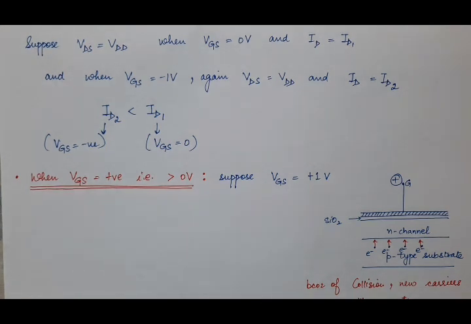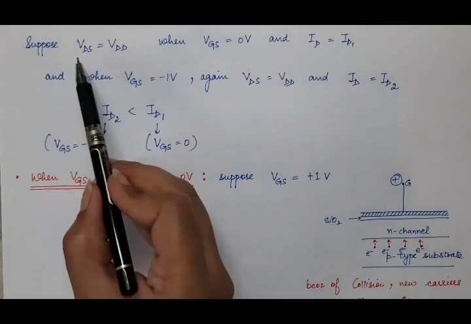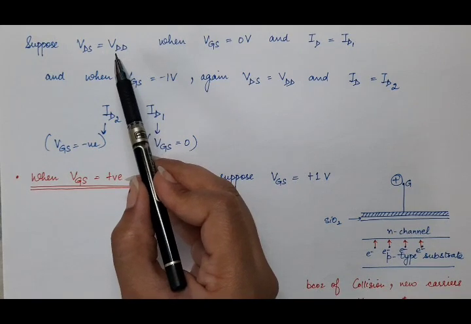Now, as we all know, there will be some value of VDS also. Suppose in the cases we have discussed, VGS equal to 0 volt and VGS equal to -1 volt, there will be some value of VDS also. Suppose in both the cases this VDS is equal to VDD.